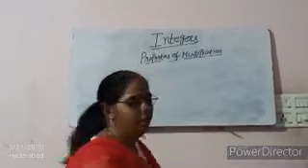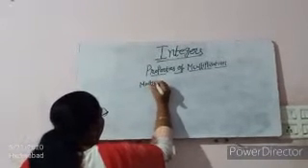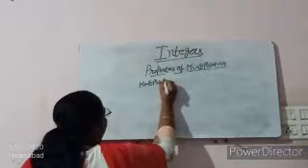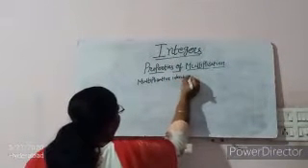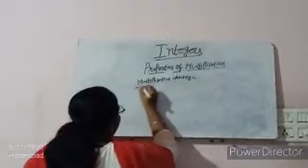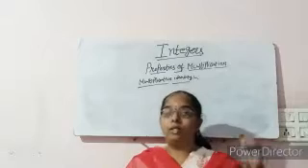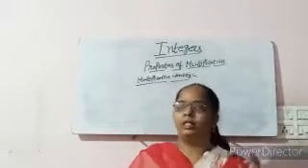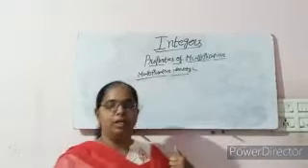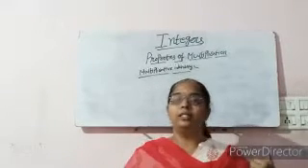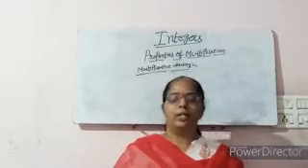Next property is multiplicative identity. In additive identity, I told you 0 is the additive identity element. Now, this is multiplicative identity. So, when you multiply an integer with some number, the result should be the number itself.